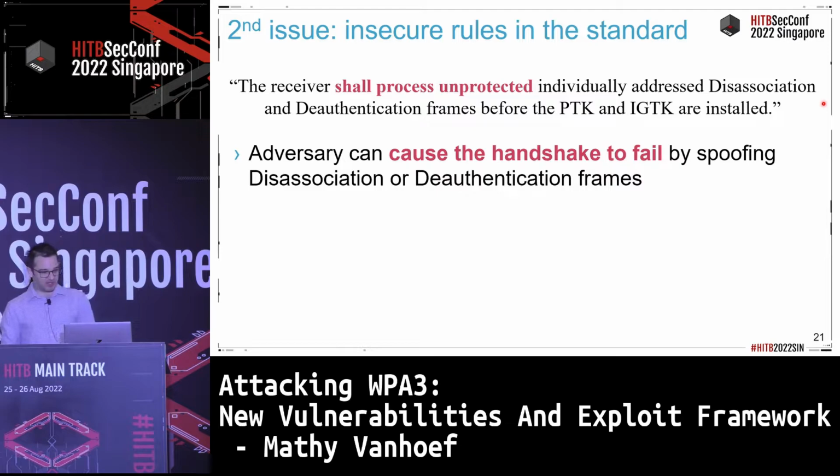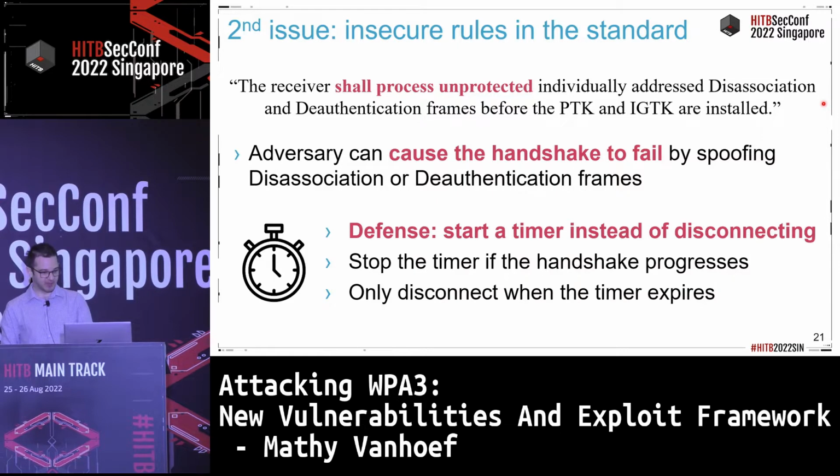Now, this is a bit unfortunate because it's actually quite easy to defend against this attack. Namely, what you can do is when you receive one of these plain text frames, instead of immediately accepting it, you can just start a timer instead of disconnecting.